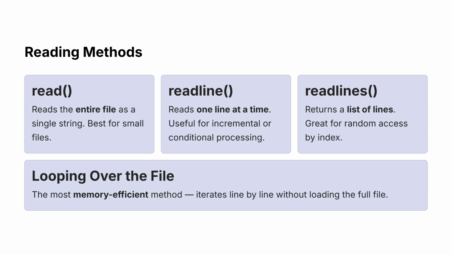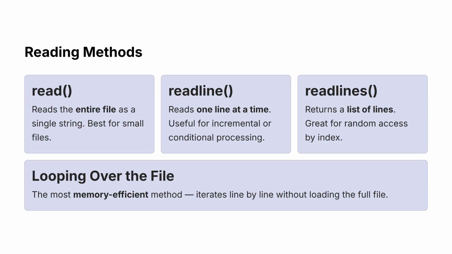Now let's talk about the different ways to actually read a file. You've got four main options. First, .read. This slurps the entire file into a single string. Super convenient, but don't use it on a 2 GB log file unless you enjoy watching your RAM disappear. Then there's .readline, lowercase l, which reads one line at a time.